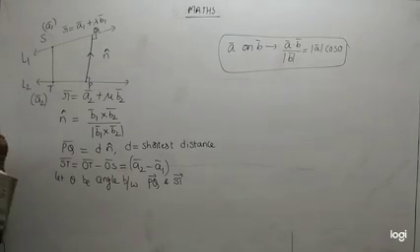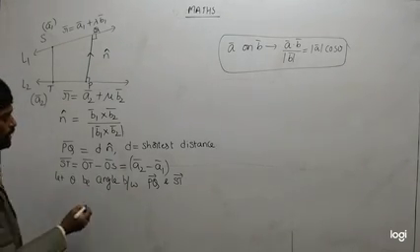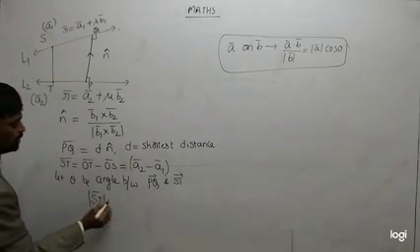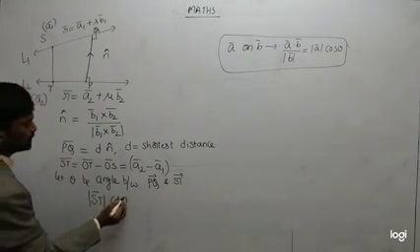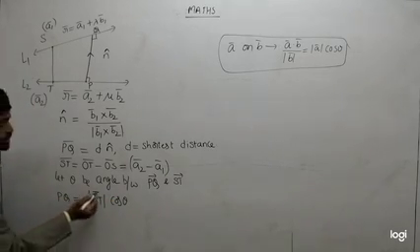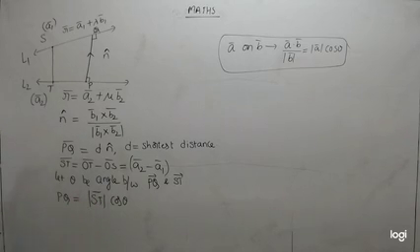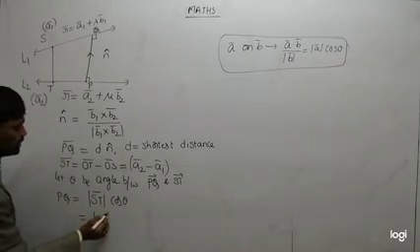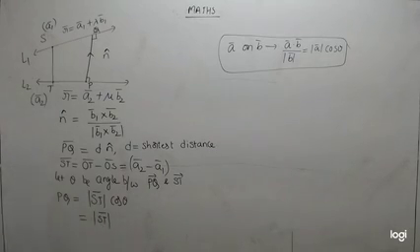Then what is the projection of ST bar on PQ bar? It is modulus of ST bar into cos theta, which is equal to D, or you can write PQ. So PQ is equal to mod ST bar into cos theta. What is theta?